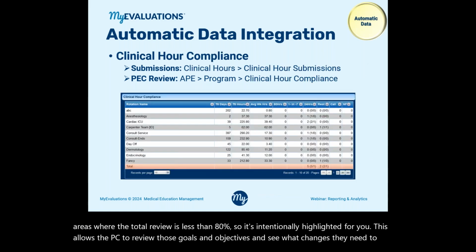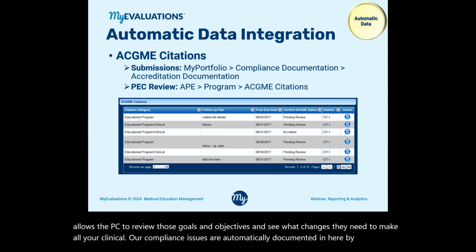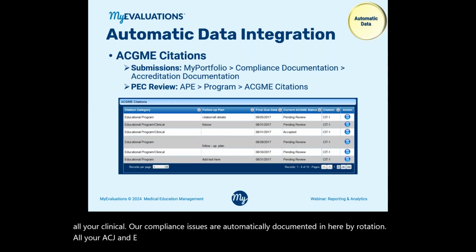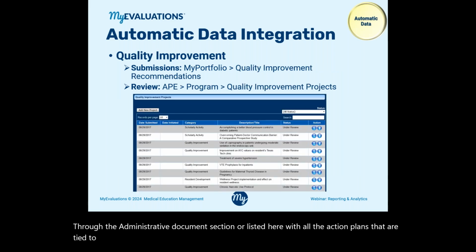All your clinical hour compliance issues are automatically documented in here by rotation. All your ACGME citations that you've uploaded through My Portfolio through the administrative document section are listed here with all the action plans that are tied to them. All the quality improvement project recommendations that are uploaded or recommended by users are shown in here as well.